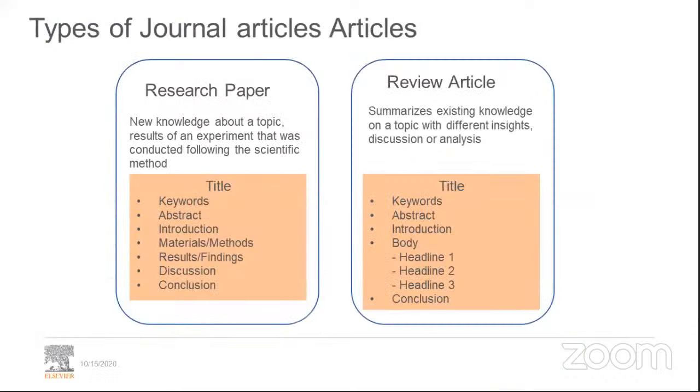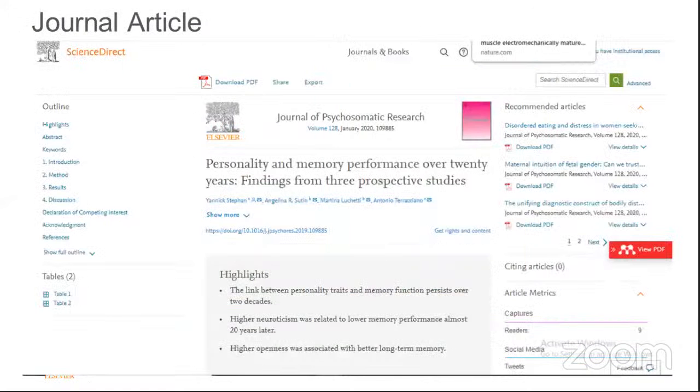I'll go back to the review articles. As we were mentioning, I just put an article for you to know if some of you didn't see any articles before. This is like the outline of a paper if you opened it in any website. This is a paper that I opened from Science Direct.